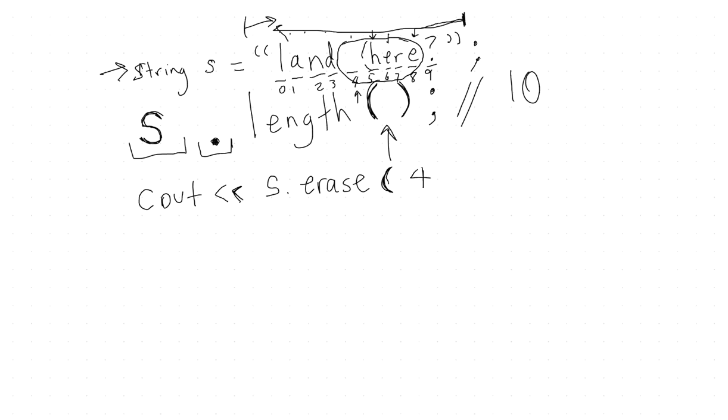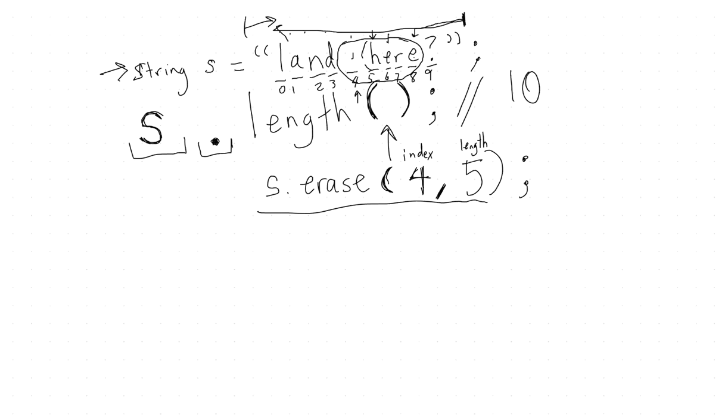First thing you pass in is the index you start from. The next thing that you pass in is how much you want to erase. So if I start at 4 and I want to erase up to here, the length of this is 5. You can't print this. If you do this by itself, basically string s becomes land.